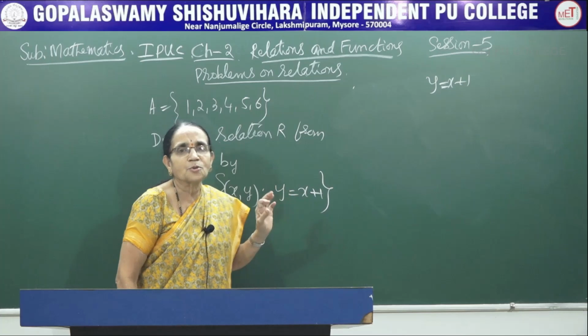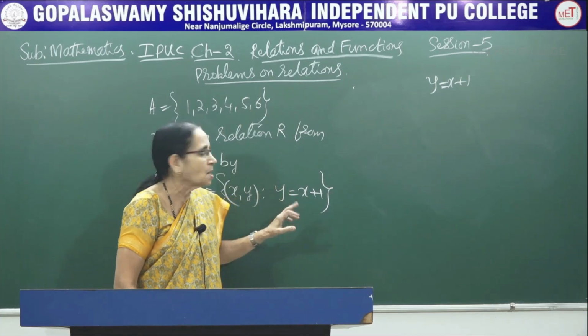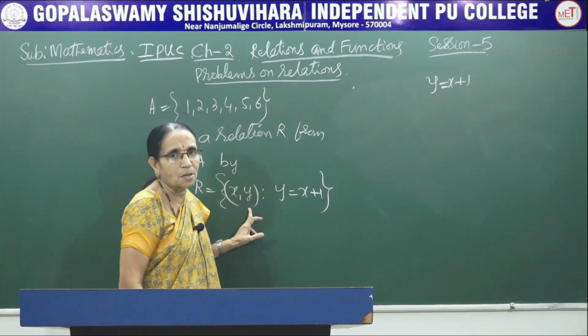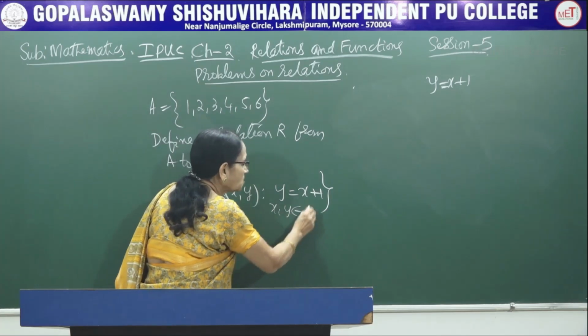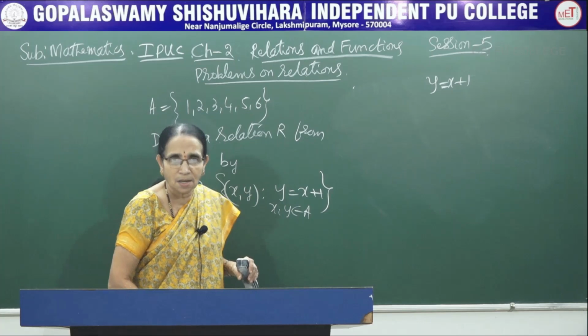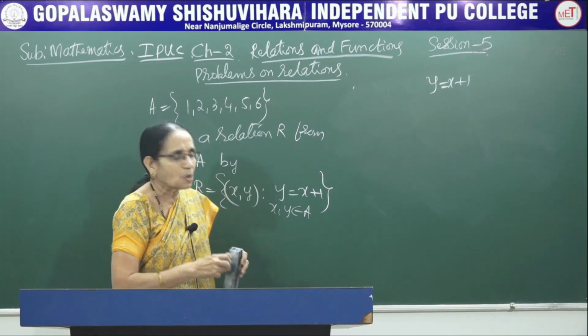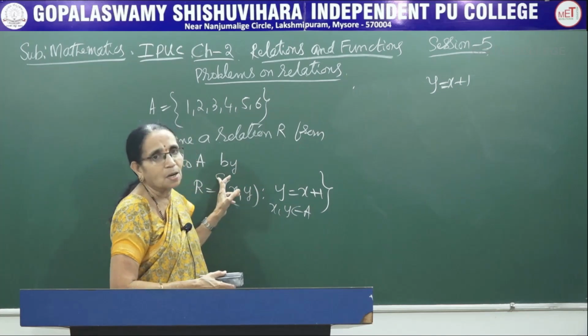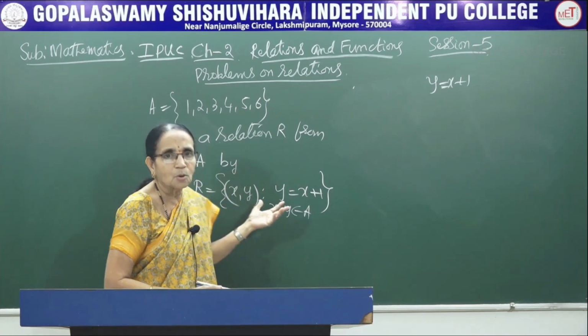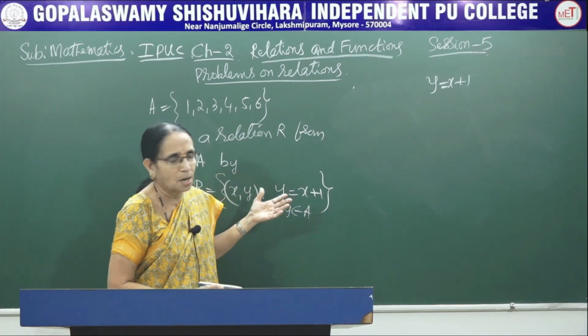That is, 1 has to be added to the first element, and that gives the second element. Remember, both x and y belong to the set A. Both of them have to be taken from the set A because the relation is defined from A to A. So here the first set is also A, the second set is also A.